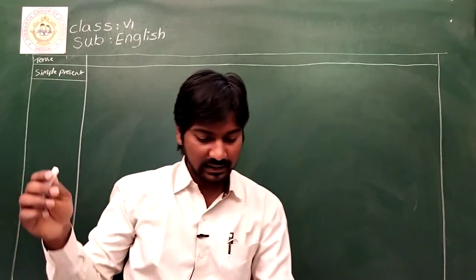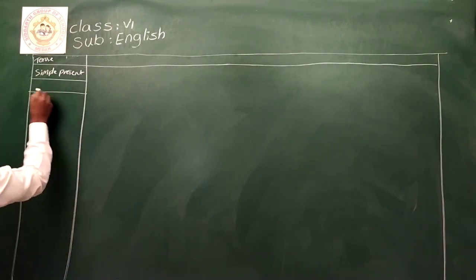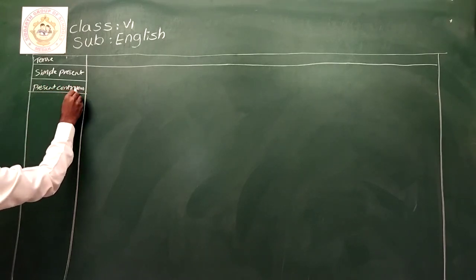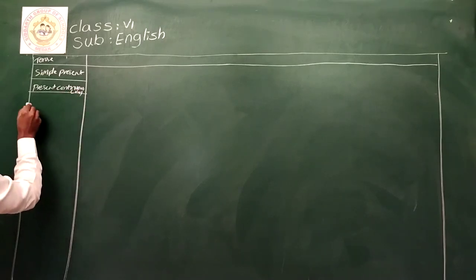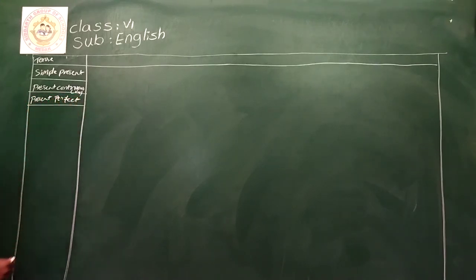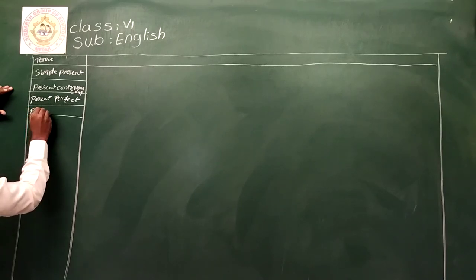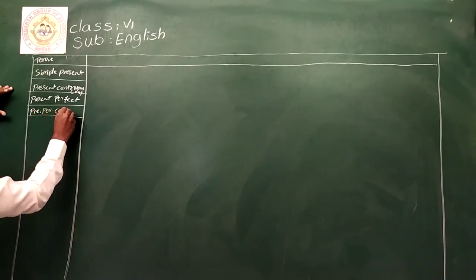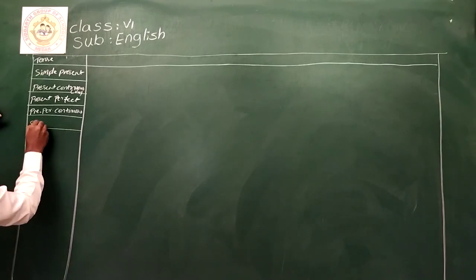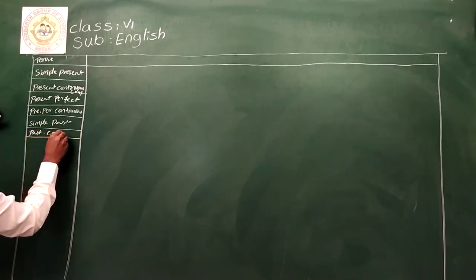Simple present. So all tenses, line by line, I will write for you. You have to write clearly. I didn't have space exactly, so I am compressing and writing a shortcut, children. So you write clearly. Present perfect continuous tense. Past continuous.